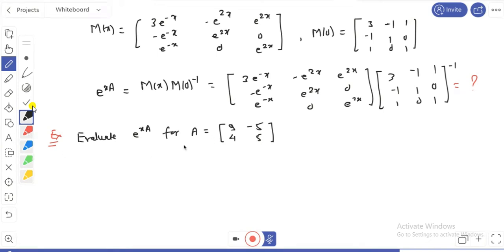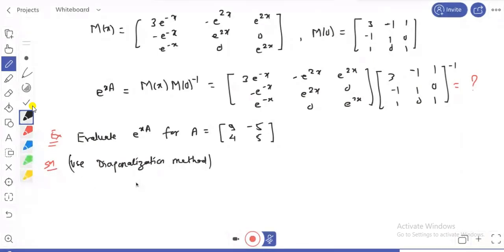For this 2 cross 2 matrix, we have to solve the same problem with the diagonalization case first, and then second we can find it by using the fundamental matrix, that is Mx. So the same problem we can solve by two methods. Okay, so the solution, first we use the diagonalization method.